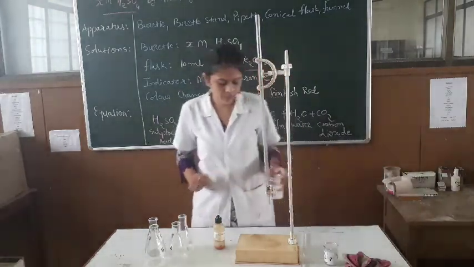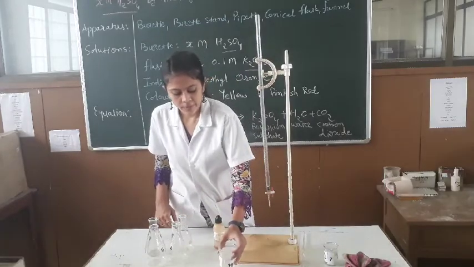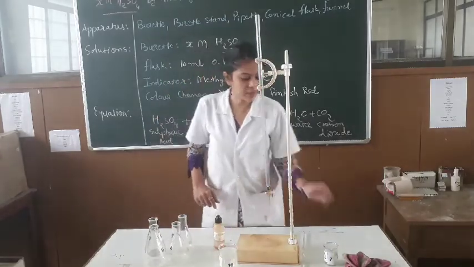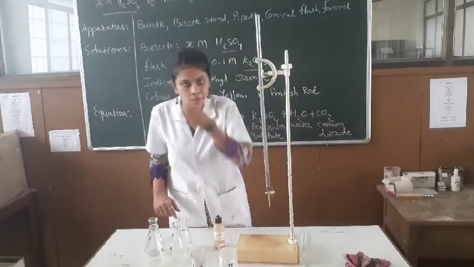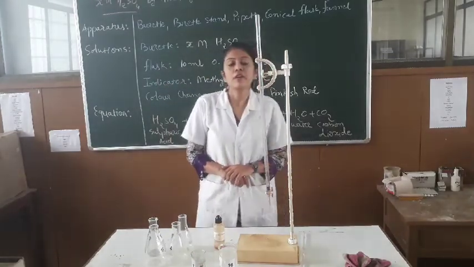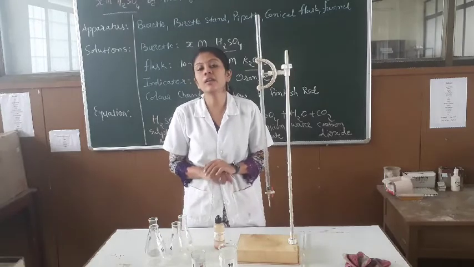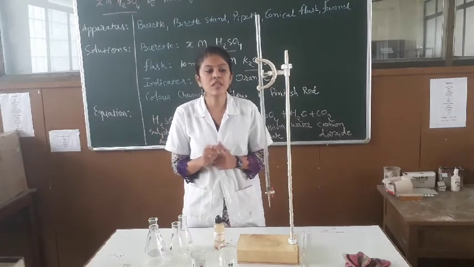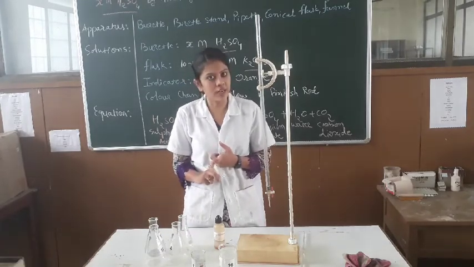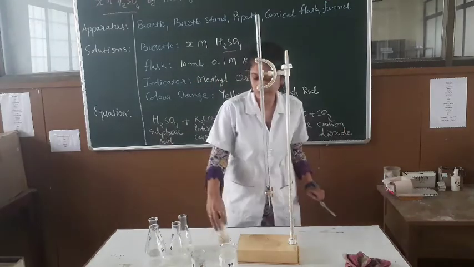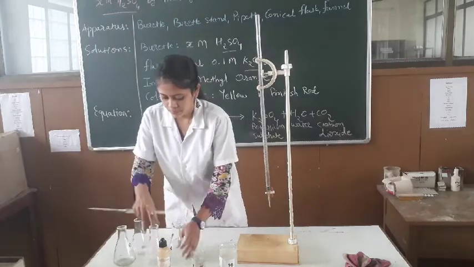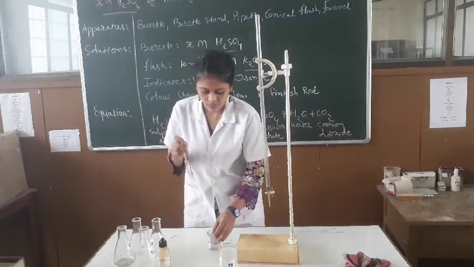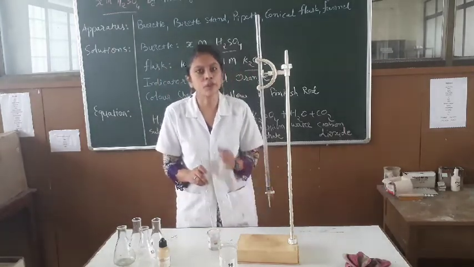Here we have X molar H2SO4 acid and potassium carbonate in a 250 ml beaker. But today we are taking 4 readings in a new way. So this is another way to take readings. Let's start. We have to take 10 ml potassium carbonate.